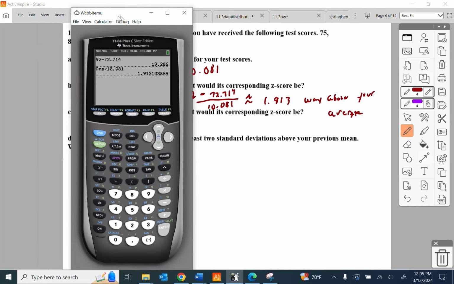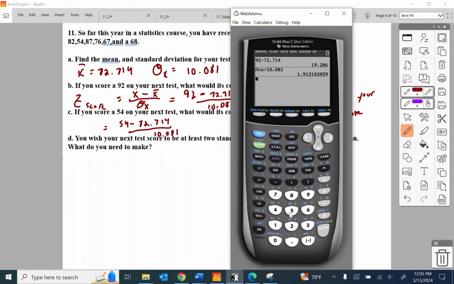Now, the truth is, your scores are not normally distributed, but whatever. We're trying to find a z-score. Yeah, you were way below your average, negative 1.856.